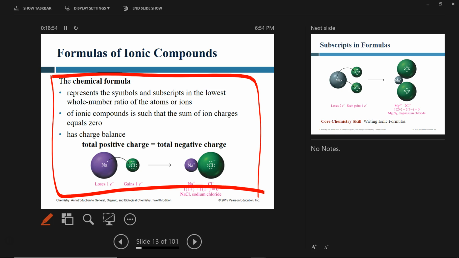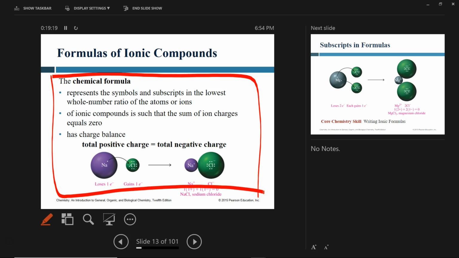Say I ask you, write down the formula for rubidium nitride. So you think, okay, rubidium, which group? First A. So what's going to be the charge of a cation? Positive 1. Nitride, nitrogen, fifth group, negative 3.